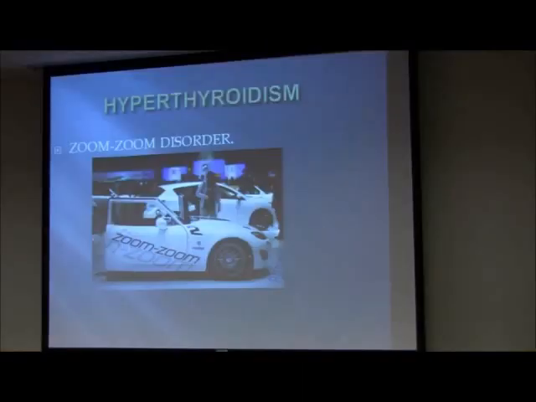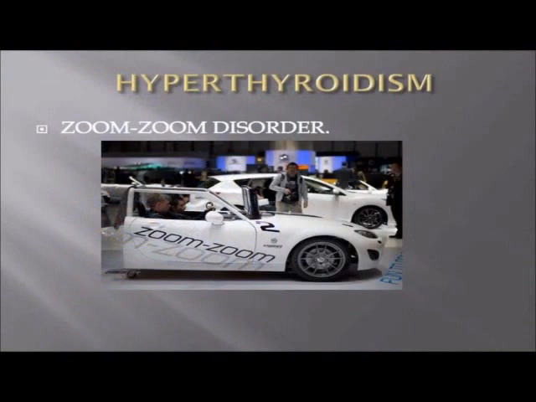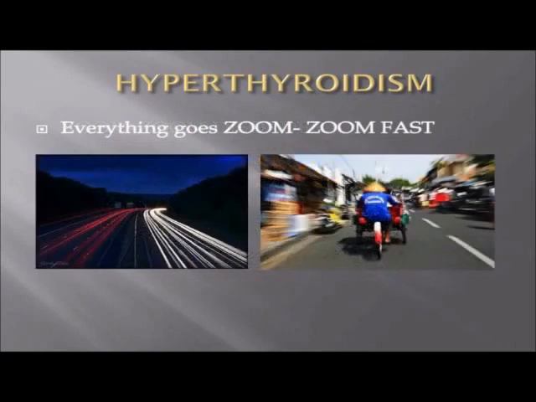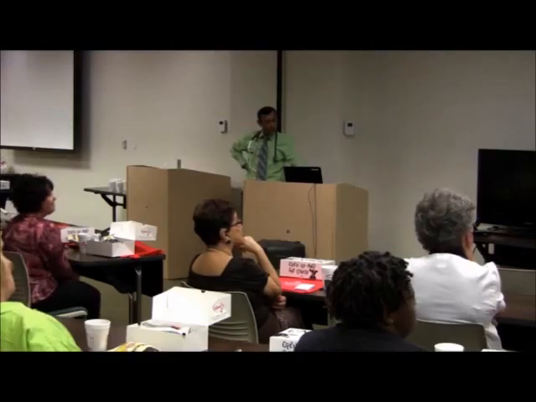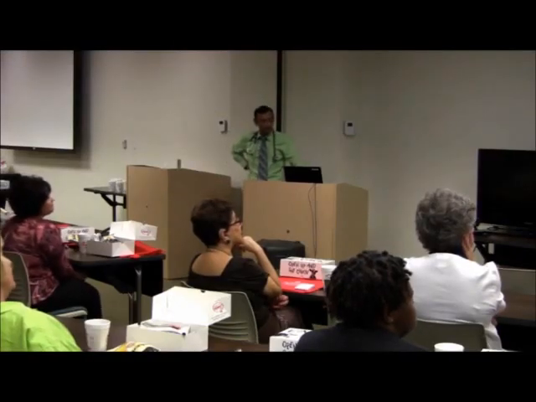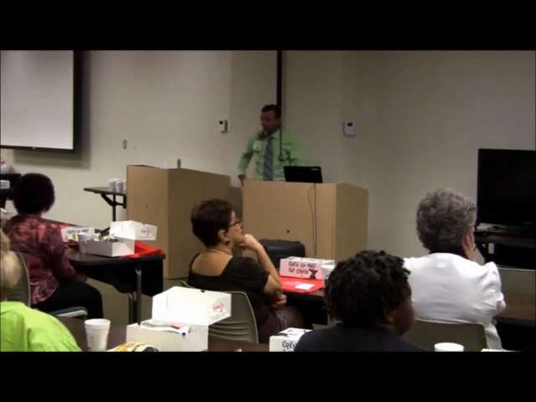So hyperthyroidism, it's a zoom disorder. Just remember zoom. Everything goes zoom. Fast. Everything goes fast. Okay? Just think of those pictures. So what happens to the metabolism? Zoom. Weight loss. We lose weight.